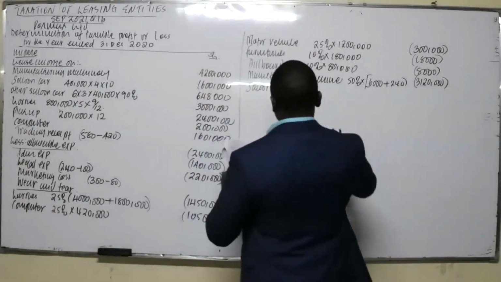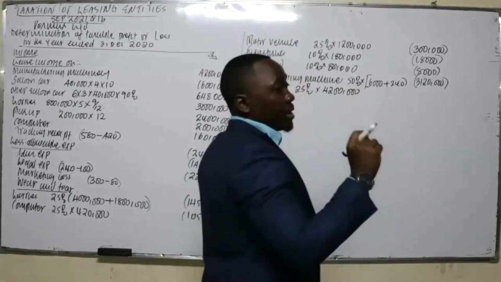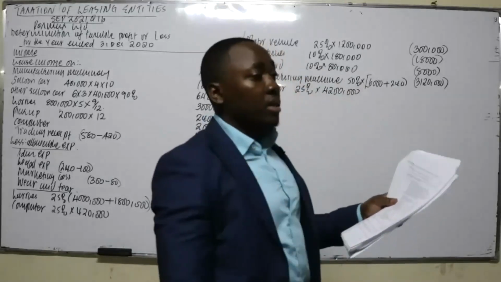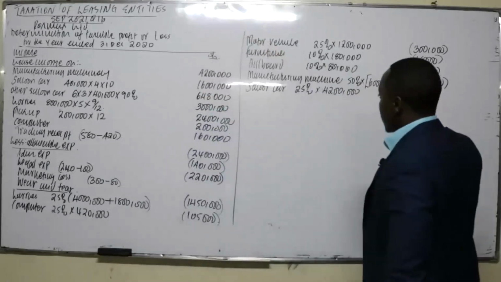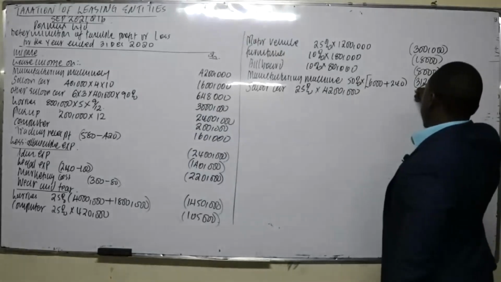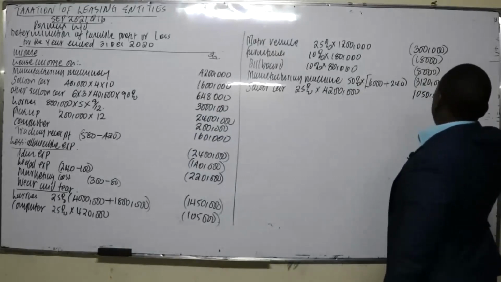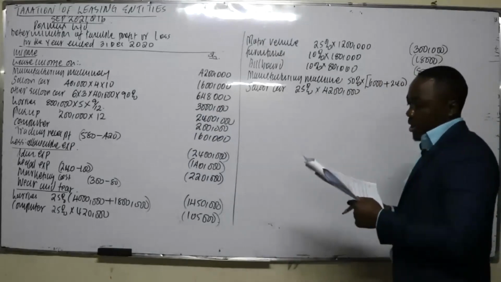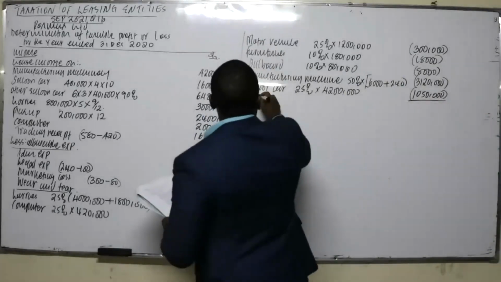So it's 25% of 4.2. That is 1,050,000. And that's how now you get your taxable profit.